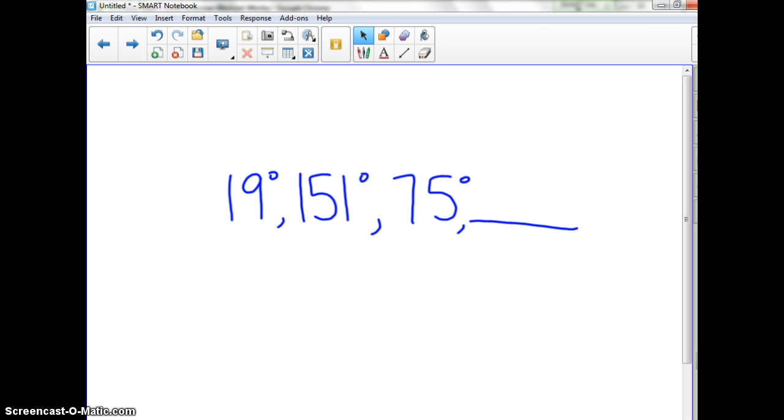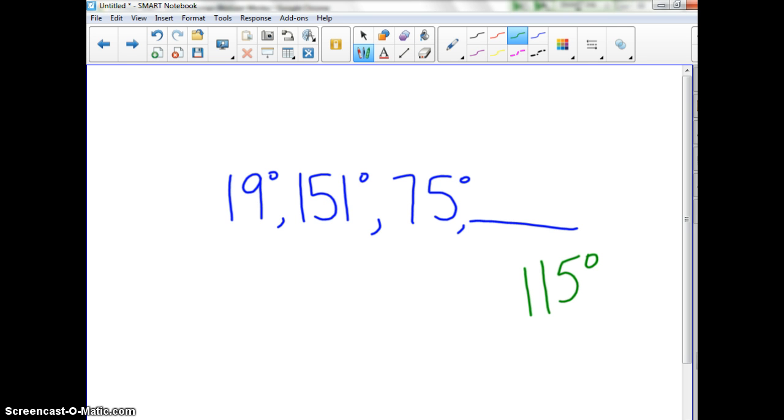Moving on. Next example. Find the missing angle. 19 degrees, 151 degrees, and 75 degrees. You guys are like lightning. Natasha. 115. Does anybody disagree with Natasha?